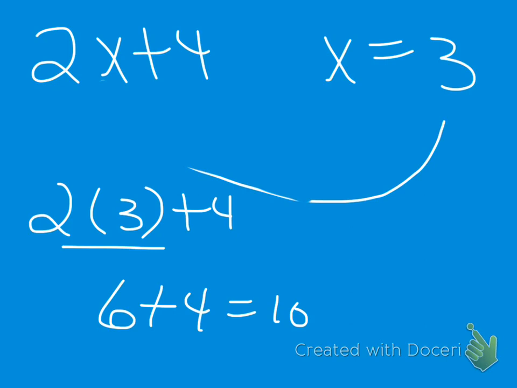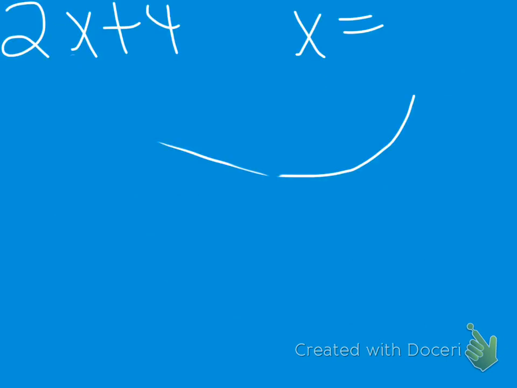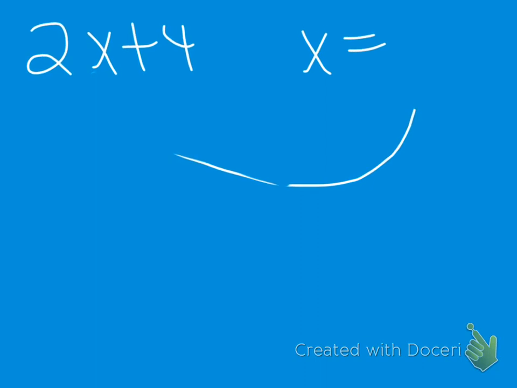But this time, instead of x, what if we had something like y plus 4, not just a number. So we put the 3 in there a minute ago. Right.